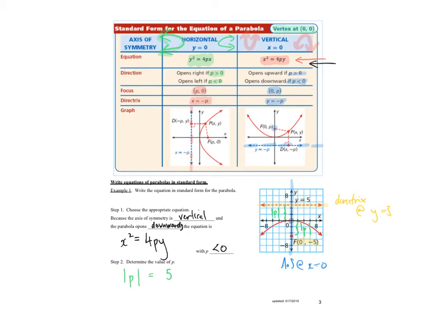So if we call P the vertex and the directrix point on the y-axis D, 5 is the distance from the vertex to the directrix, which is also the distance from the vertex to the focus. So that's p in absolute value, but we'd already decided p was supposed to be negative, so that means p will have to be actually -5, just from the information given to us in the graph.